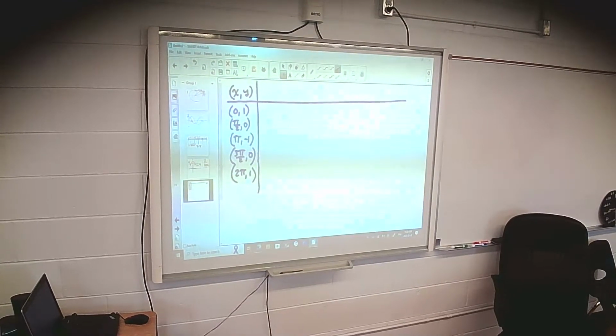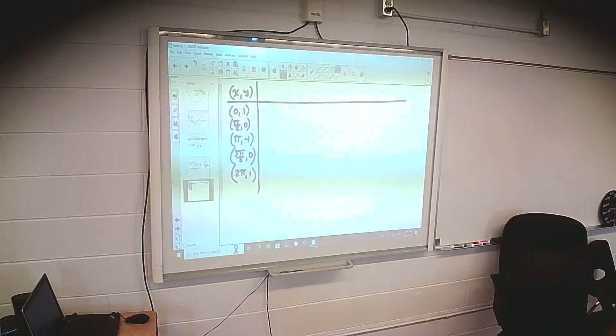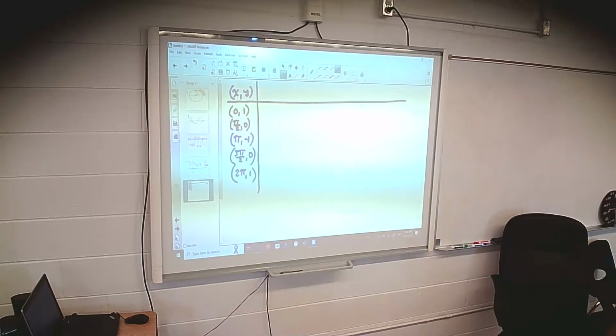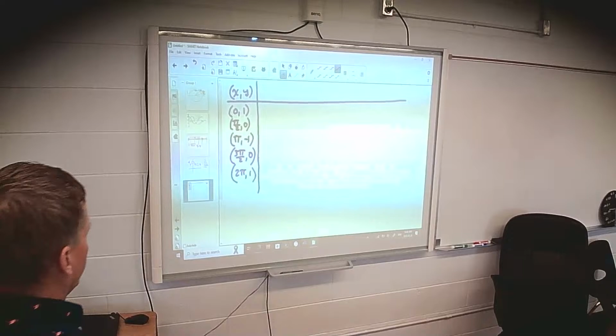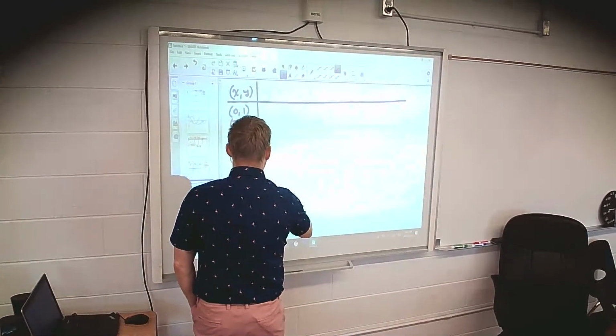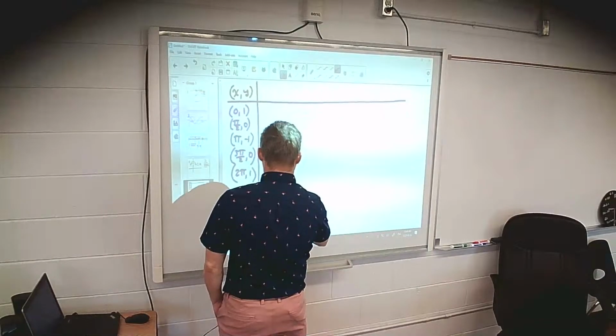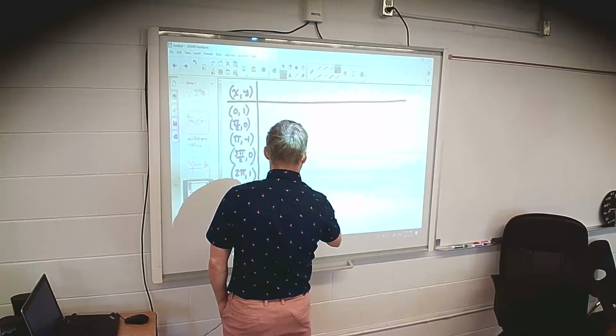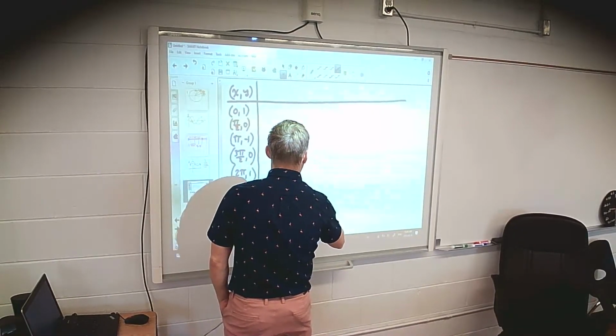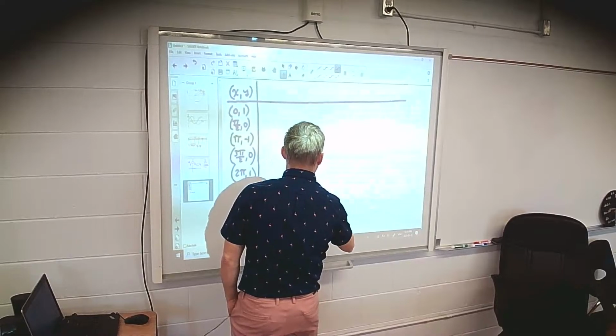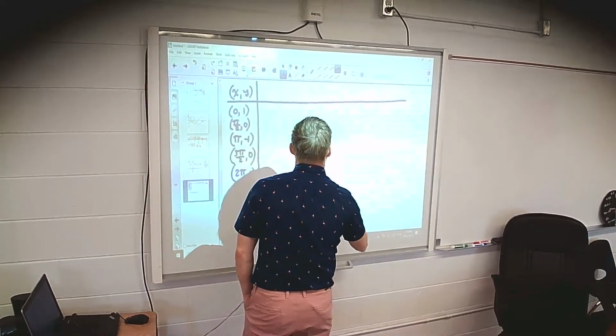Eventually you have to go back to radians, but you might want to use degrees to do it. So looking at the equation now, I'm going to write the equation down here: y equals sine of theta plus pi over 2, add 3.